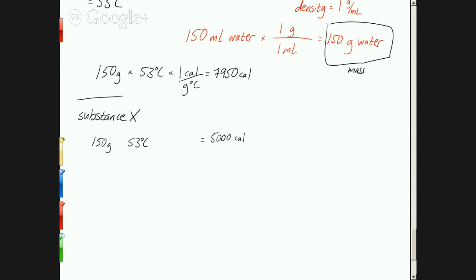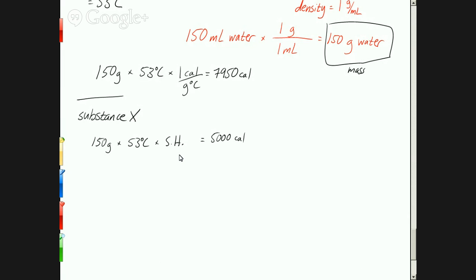If we do that, we can actually find the specific heat for the unknown compound. Because it's the same equation, we have to multiply those things by the specific heat. So we can solve for the specific heat by dividing 5,000 by the product of 150 and 53.